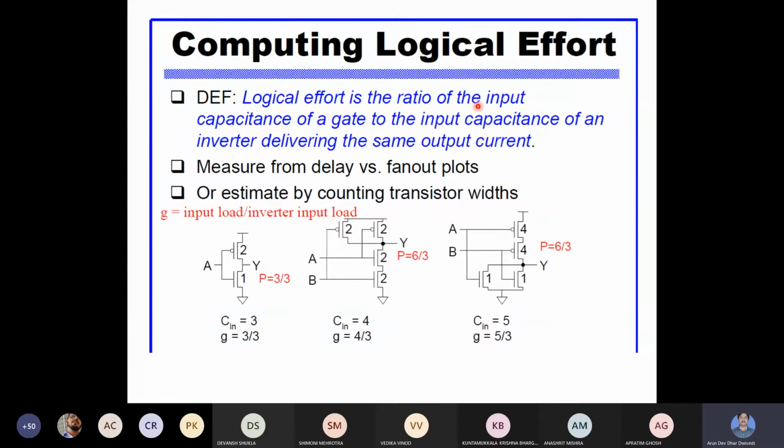So logical effort is the ratio of the input capacitance of the given gate, for which you are calculating the logical effort, to the input capacitance of an inverter which is delivering the same current as the gate. If the gate and the inverter both deliver the same current, then the ratio of the input capacitance of the gate to the input capacitance of the inverter is called logical effort.